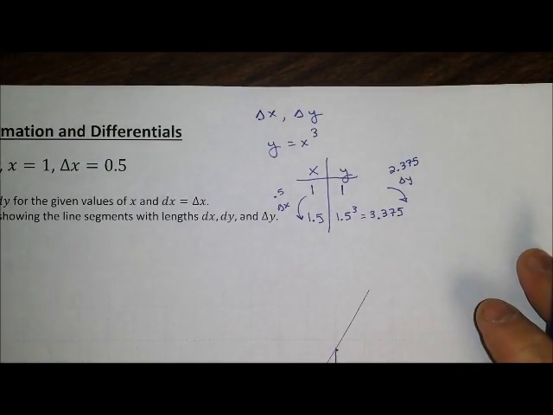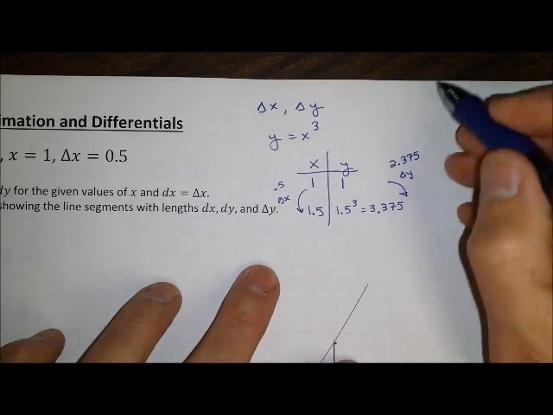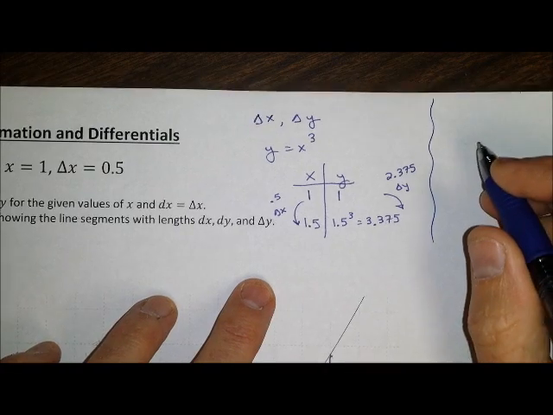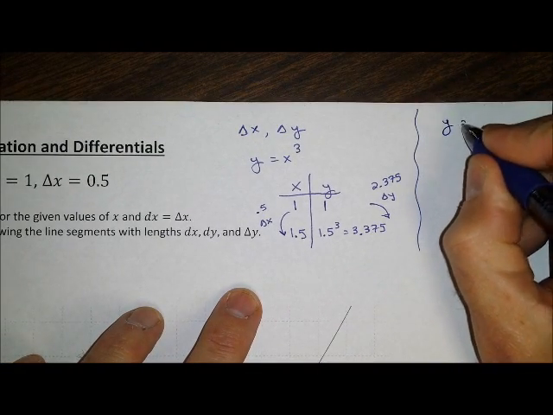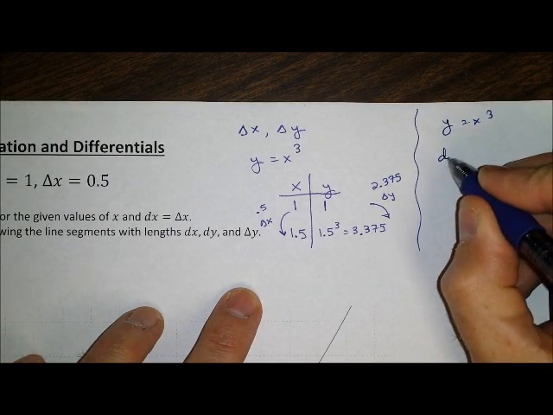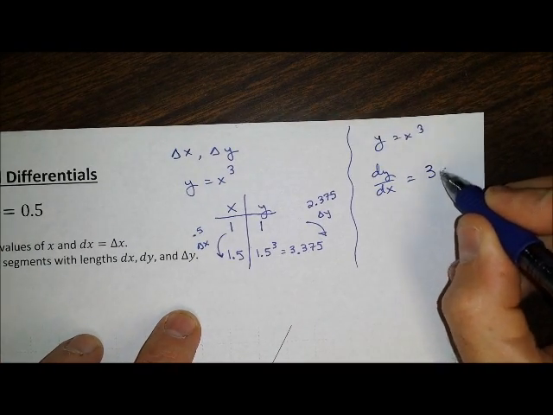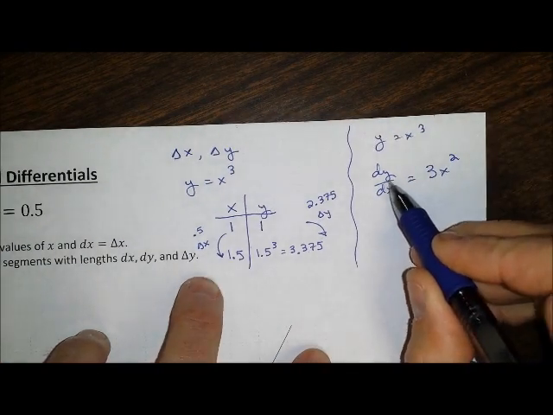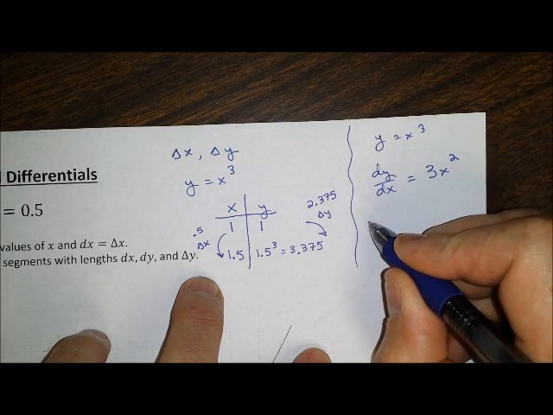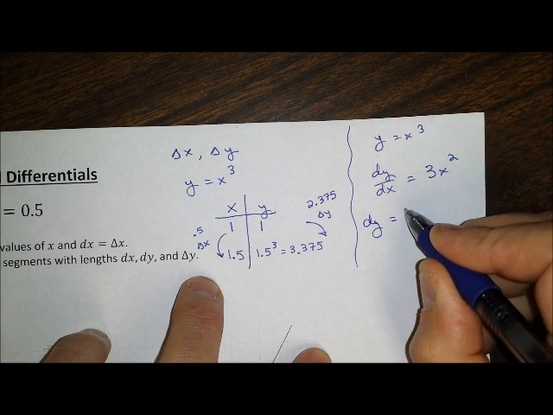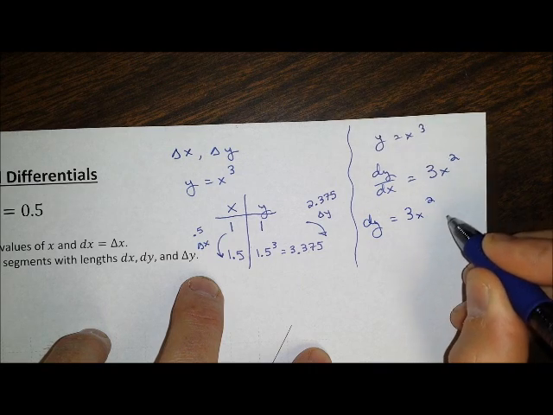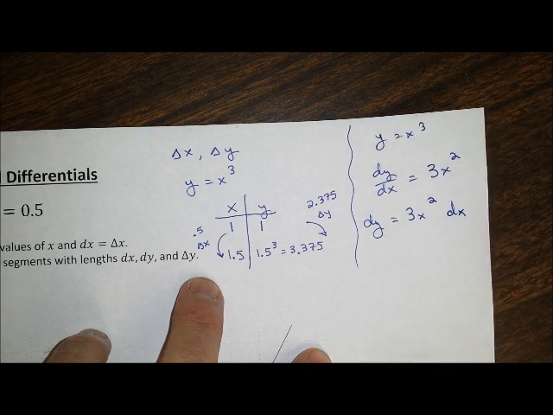Let's take a look at dy and dx. So if we're dealing with y equals x cubed, we know that dy/dx is going to be 3x squared, and when we solve it for the differential dy, that will equal 3x squared dx.